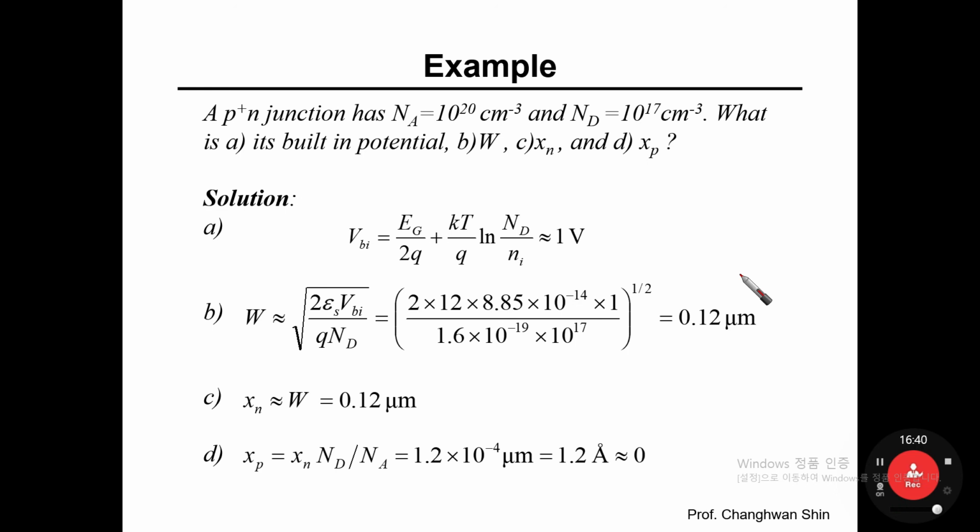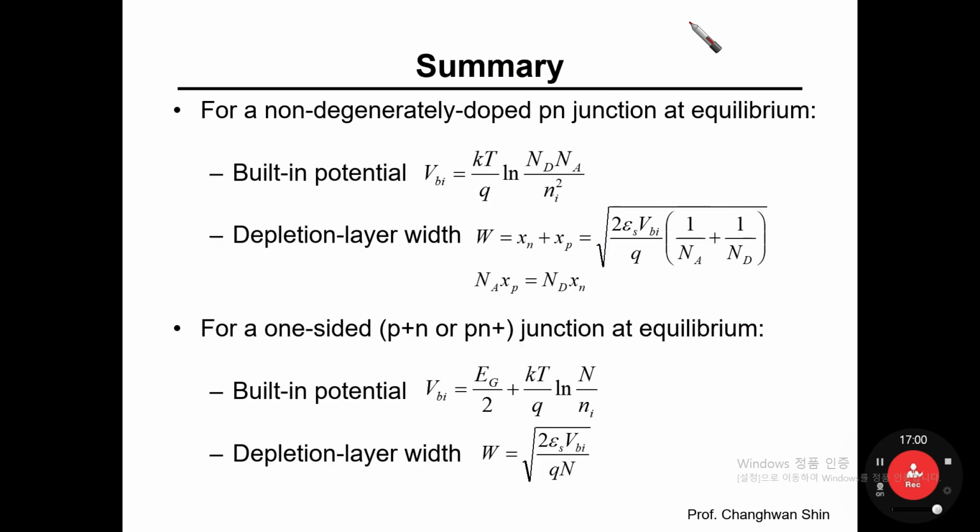So please do that, then you will get some number for a given doping concentration, how much built-in potential can be formed, and the depletion layer width, that is 120 nanometer, for this doping concentration combination. So please solve by yourself.